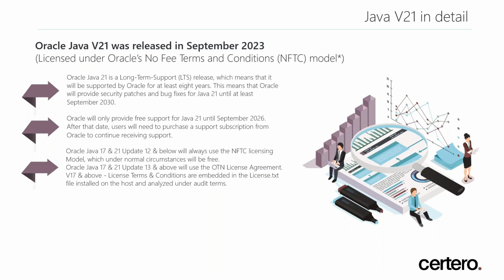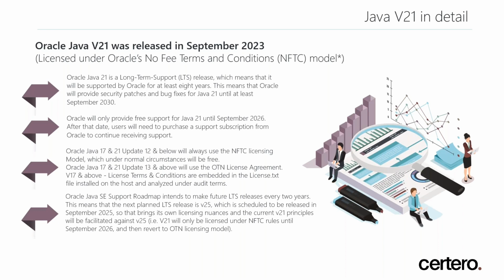And I think what they're looking at is a lot of people stayed on 8, and they're going, well, if they've gone to 17, they'll probably stay there as well, and we'll end up having more revenue. Bearing in mind that when you install Oracle Java, you actually do have a licensed text file that sits on there, and at the end of the day, that can be analyzed under audit terms.